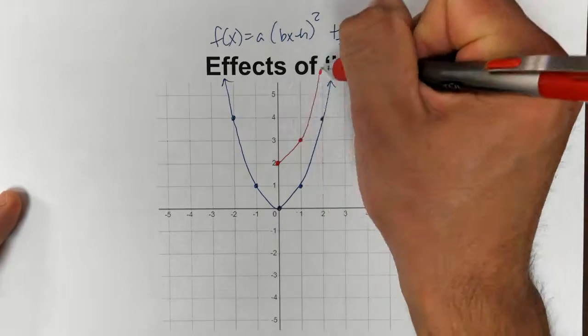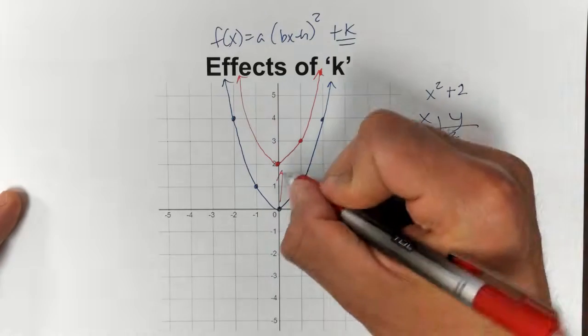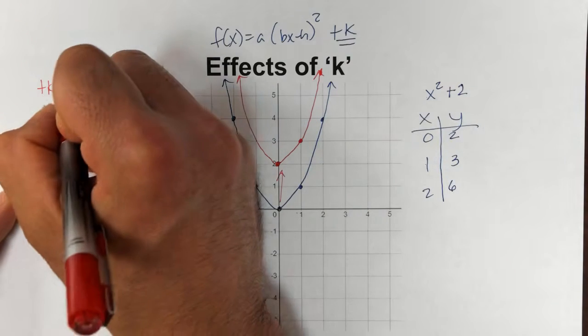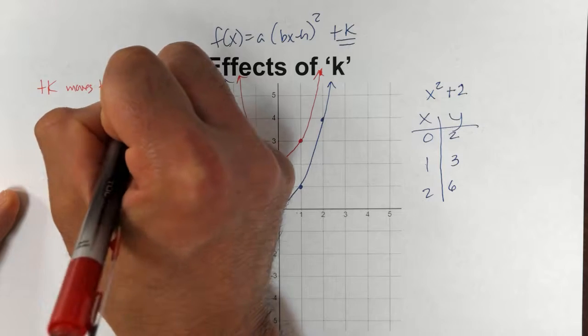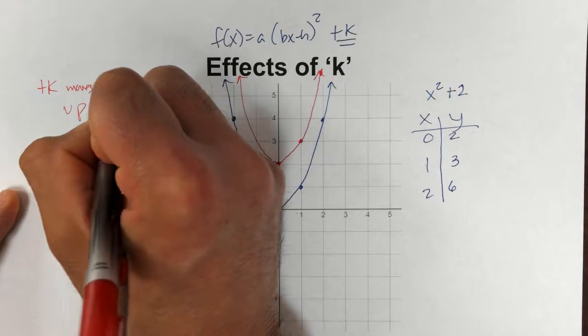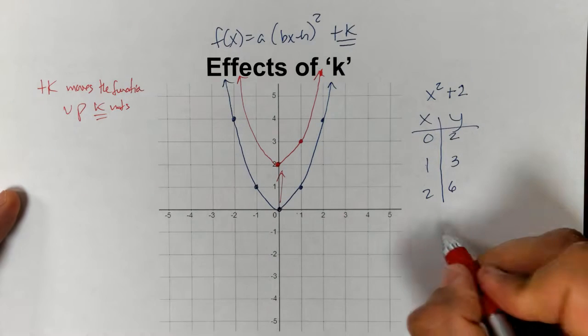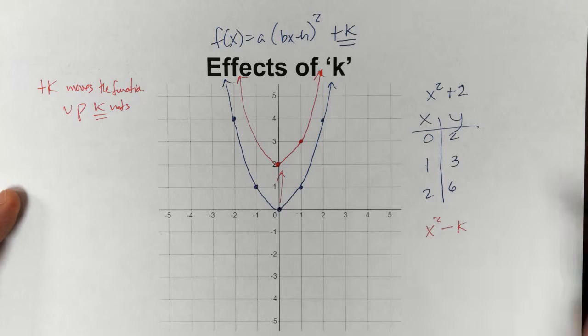Notice how the function moves upward. This moved up. So here, plus k moves the function up k units. What do you think is going to happen when we subtract, x squared minus some number?